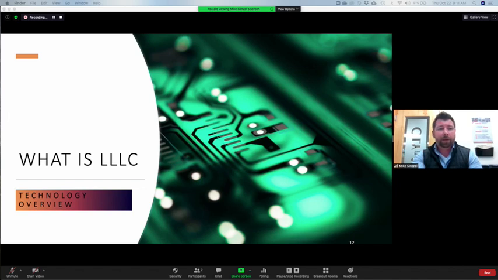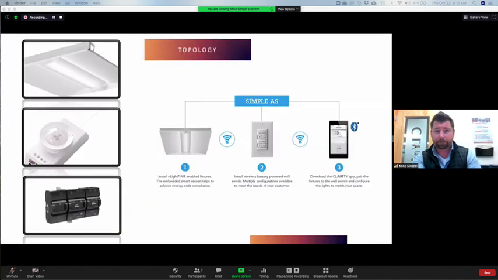And we're going to touch on what exactly luminaire light level control is and some of the different topologies that we're seeing in the market. So this is one topology. I can't get into all the different types.